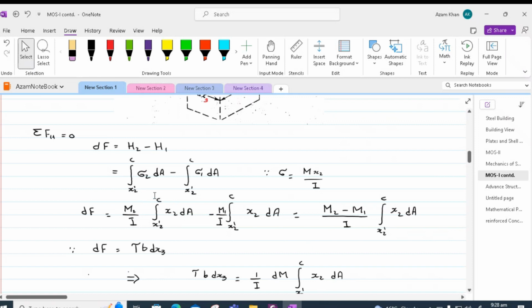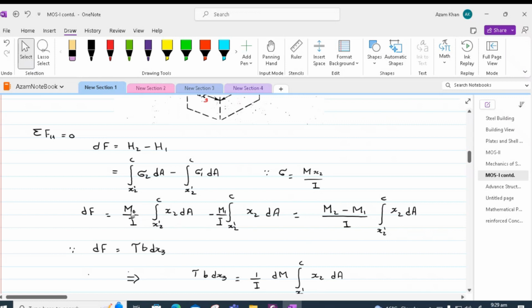Plugging the value of sigma 2 and sigma 1, we get M2 x2 by I dA within the integral, and the integral limit goes from x21 till c. Similarly, we have this other integral having M1 x2 by I into dA within an integral, and the limit going from x21 to c.